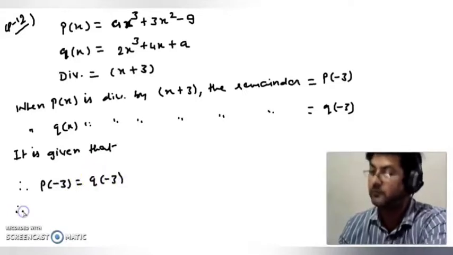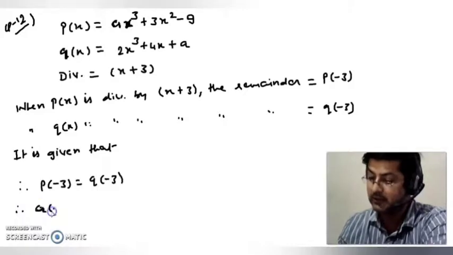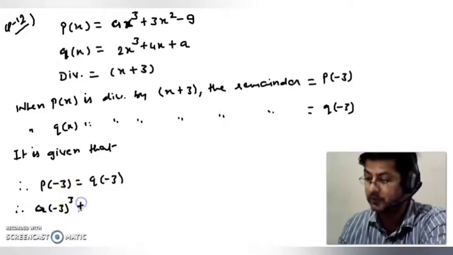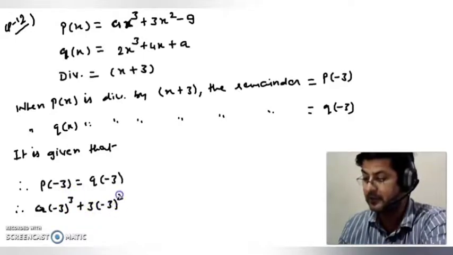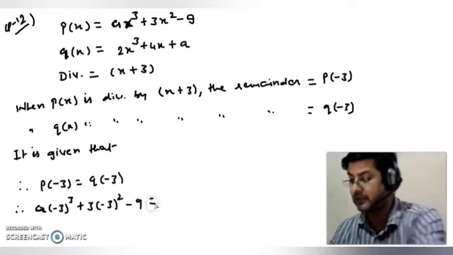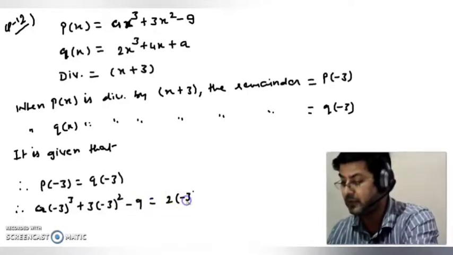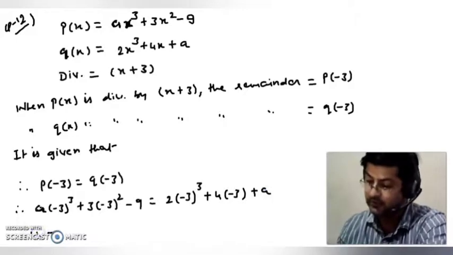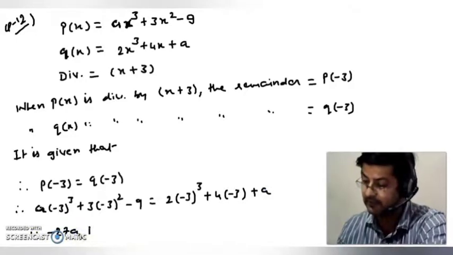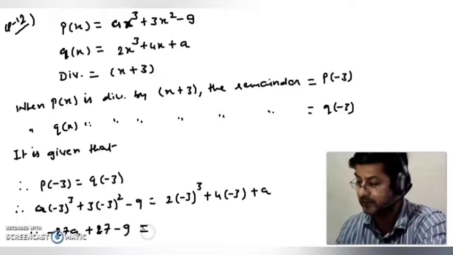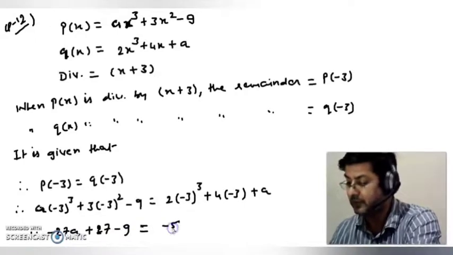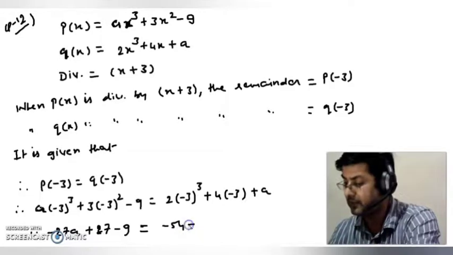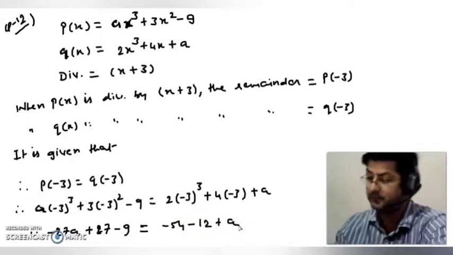Let us find out. P of minus 3 is a into minus 3 the whole cube plus 3 into minus 3 the whole square minus 9, is equal to 2 into minus 3 the whole cube plus 4 into minus 3 plus a. Minus 27a plus 27 minus 9 is equal to minus 54 minus 12 plus a.